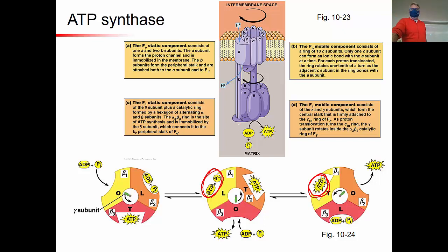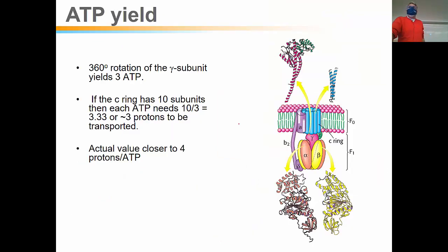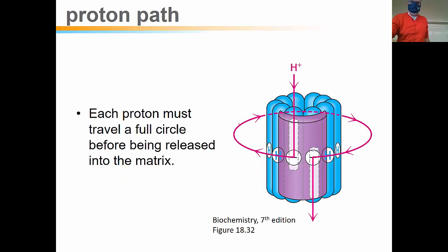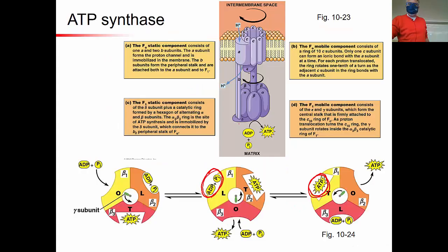So we can do some fancy math on that. And we know the number of C subunits. We know there's 10. So what that means is for every 10 protons going through, that C ring goes all the way around. Okay, so for every 10, it does a full rotation.